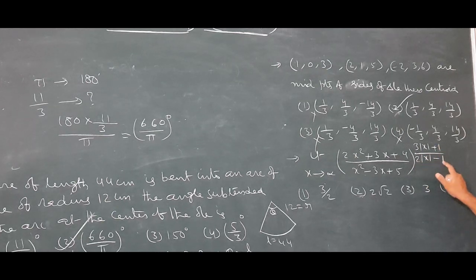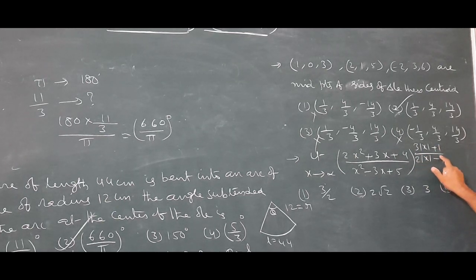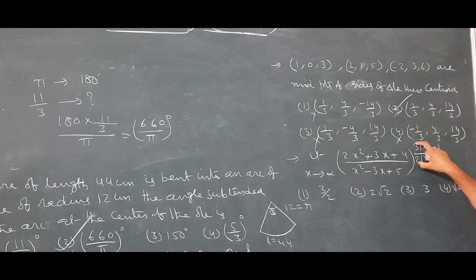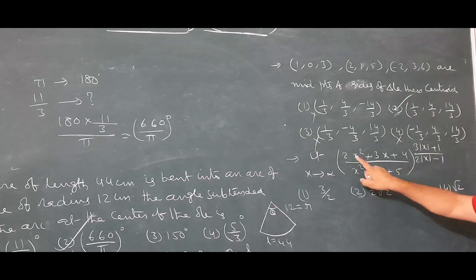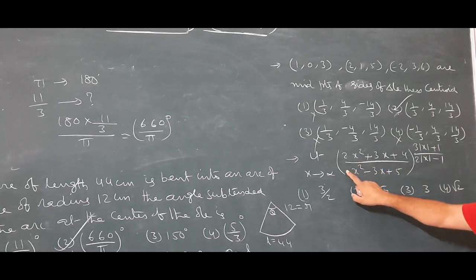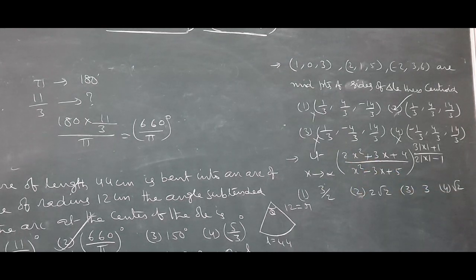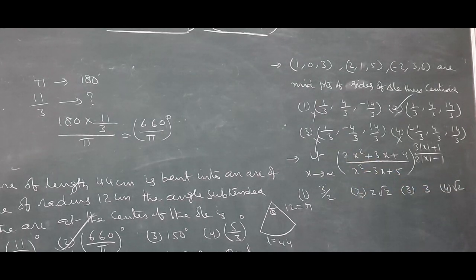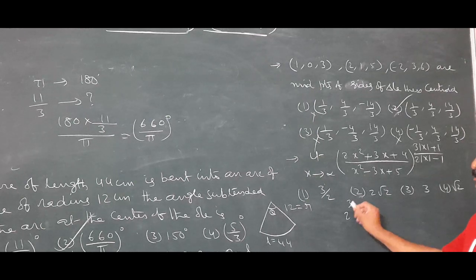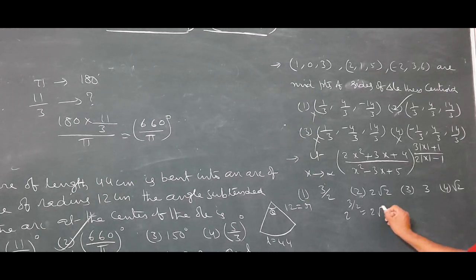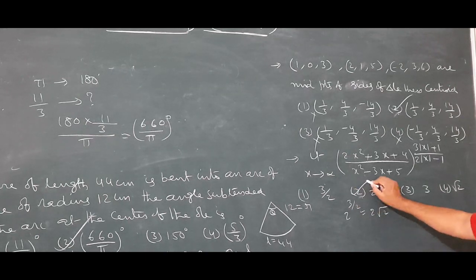It is 1 by mod x, that becomes 0. So, the power becomes 3 by 2. Here x square coefficient 2, here also x square coefficient 1, 2 by 1, whole power 3 by 2. 2 power 3 by 2, that is nothing but 2 root 2. So, second option is the right answer.